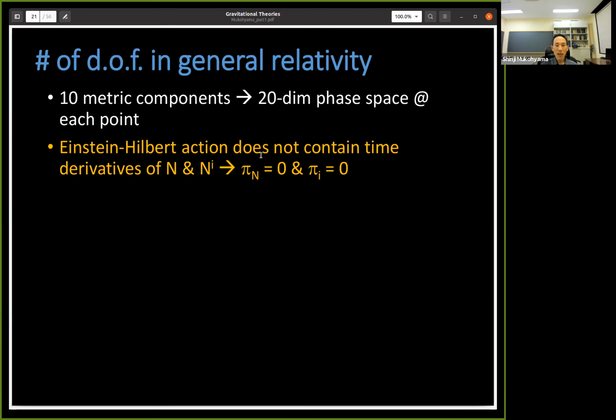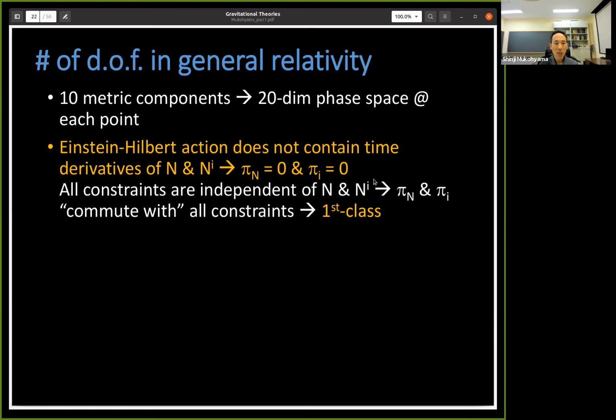So they are algebraic equations in the phase space, and they are often called constraints. Also all other constraints, including themselves, are independent of lapse and shift. So they are so-called first-class constraints.